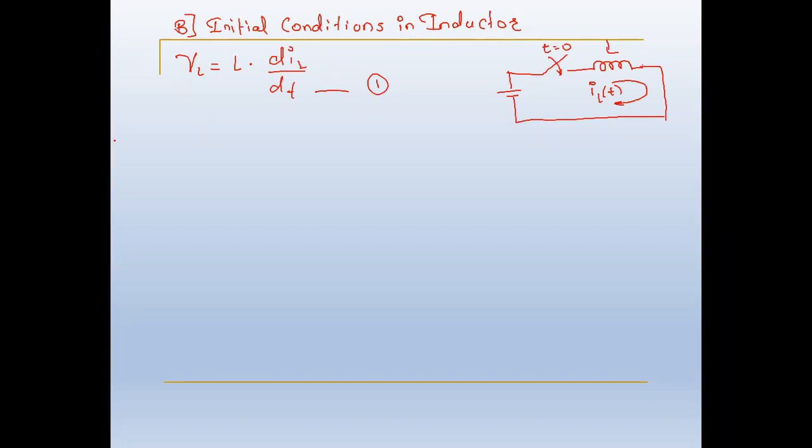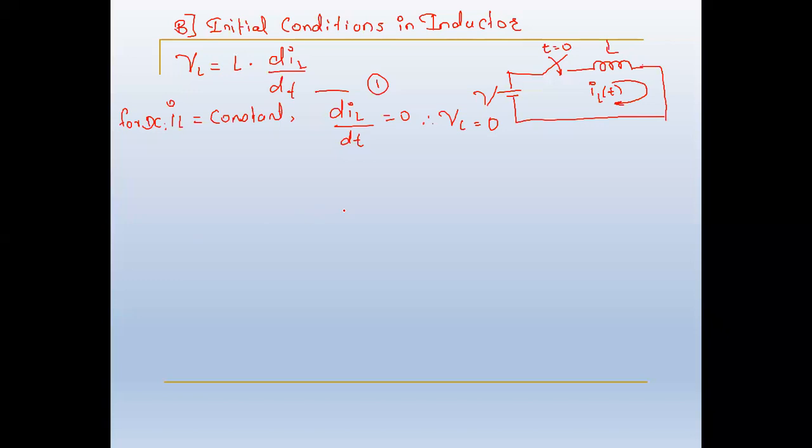So if DC current flows, this IL will be a constant, isn't it, which flows through the inductor. Then diL by dt will be 0. Therefore, the voltage across the inductor will be 0.